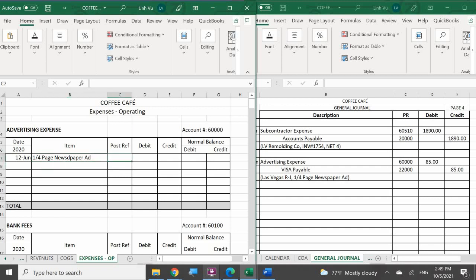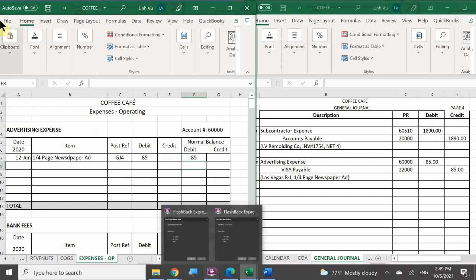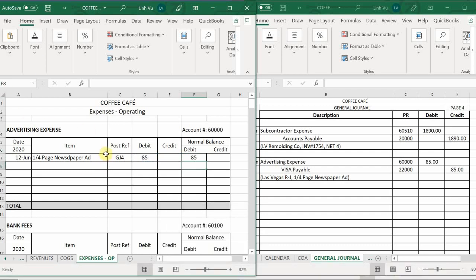Post reference general journal number 4. We debited our account because we incurred an expense and we paid it. In this case, you could also make a note here of how you paid it. I used Visa payable, for $85.